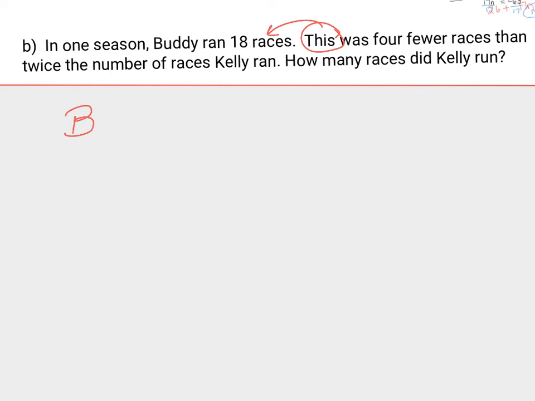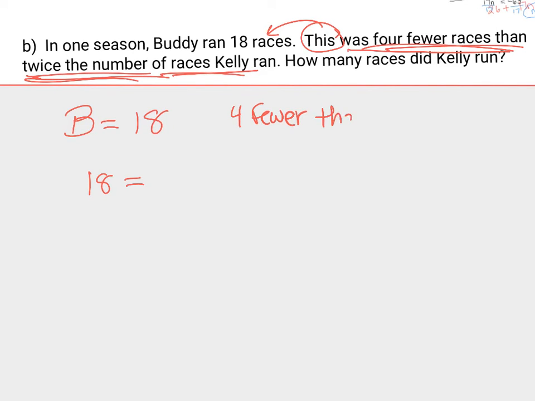Buddy ran 18 races. Let's write the equation first. Buddy ran 18 races. The 18 is equal to 4 fewer than twice Kelly's. 4 fewer than twice Kelly.